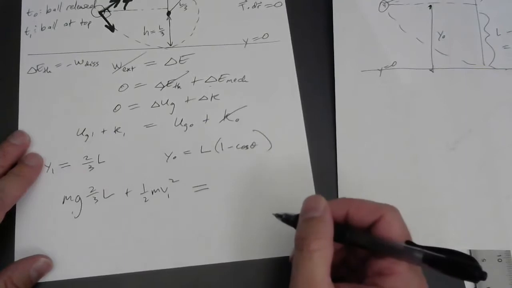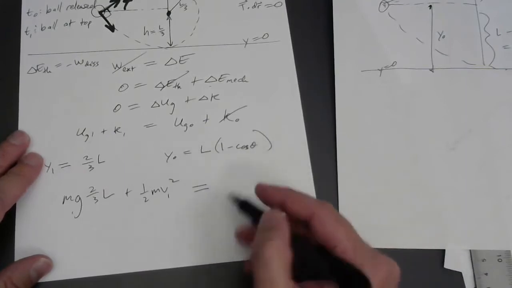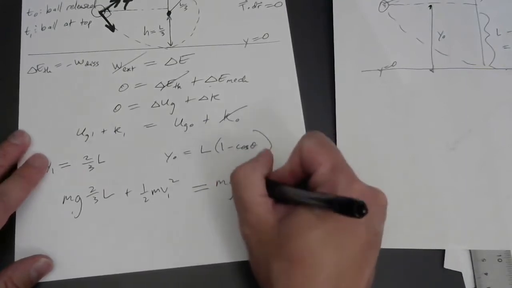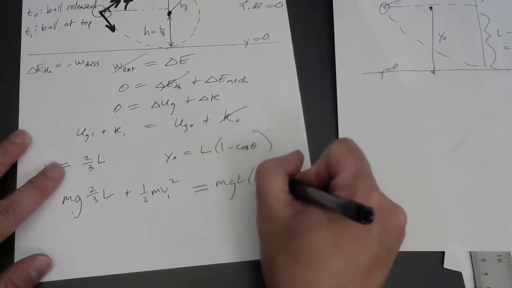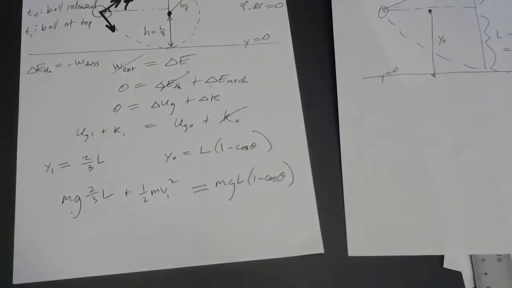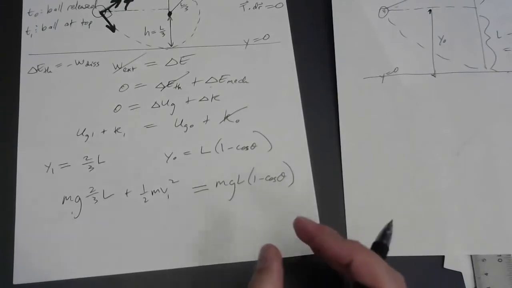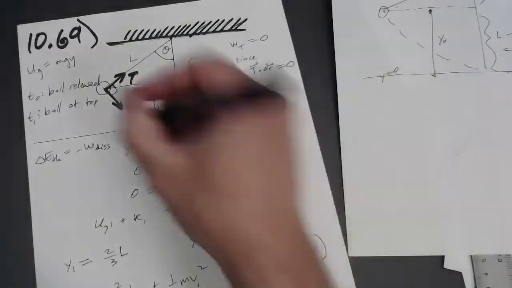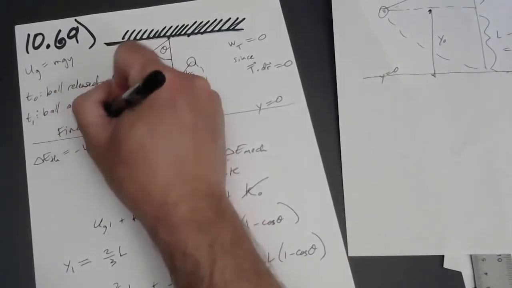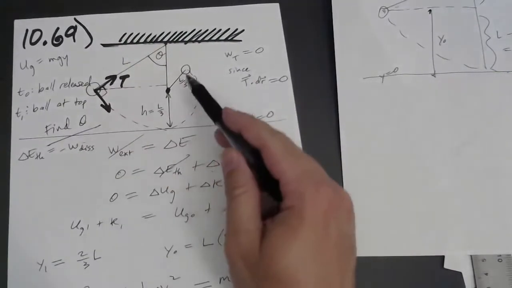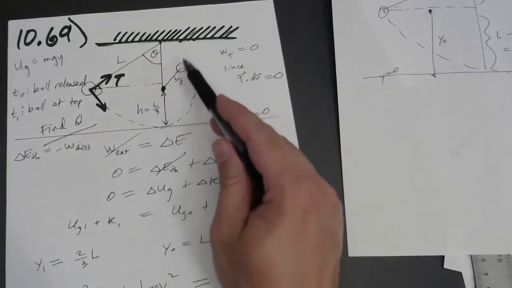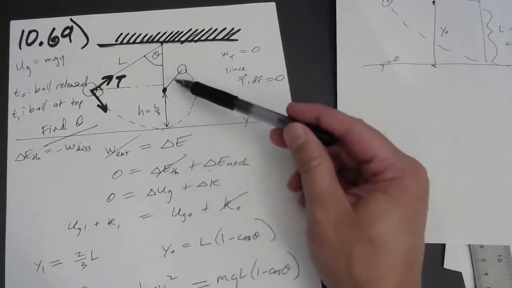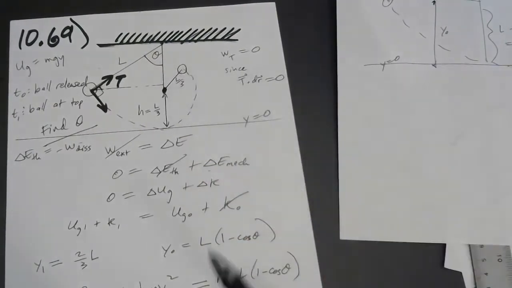And U_G initial would be mg times y initial. I'm substituting the expression we found for y initial. And the next thing, you may be wondering, where do we go from here? Remember, we're trying to find the required theta. Find theta so that the string doesn't go slack at the top. The ball needs to be going fast enough that there's still, barely, some tension in that string.